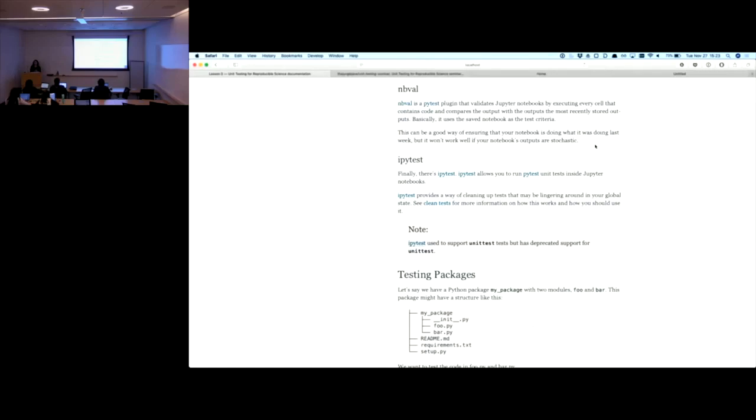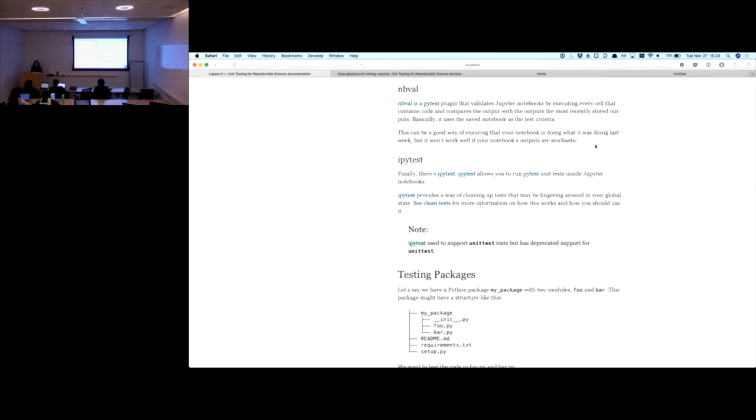Another tool that you can use is a library called nbval, and it's a pytest plugin that validates a Jupyter notebook basically against itself. You know how Jupyter notebooks checkpoint themselves every so often? This will execute every single cell of your notebook and make sure that the output of every cell matches what's in the saved notebook. So it uses the saved notebook as the test criteria.